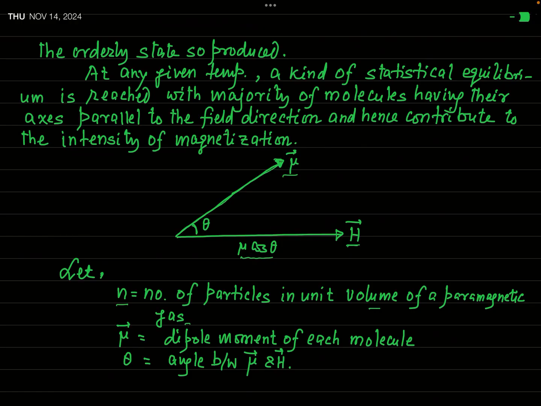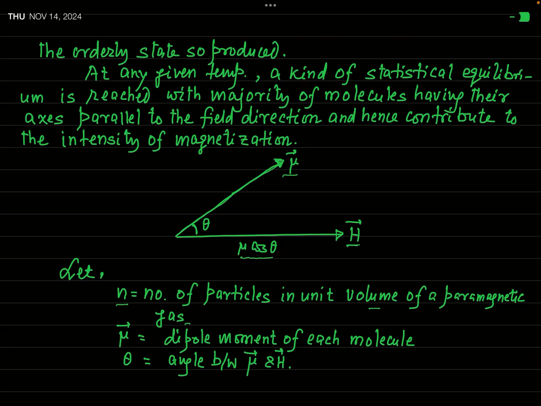For simplicity, I have directly considered the specimen of unit volume, so that you do not have to take the volume of the specimen into account, and directly you will get the magnetization.